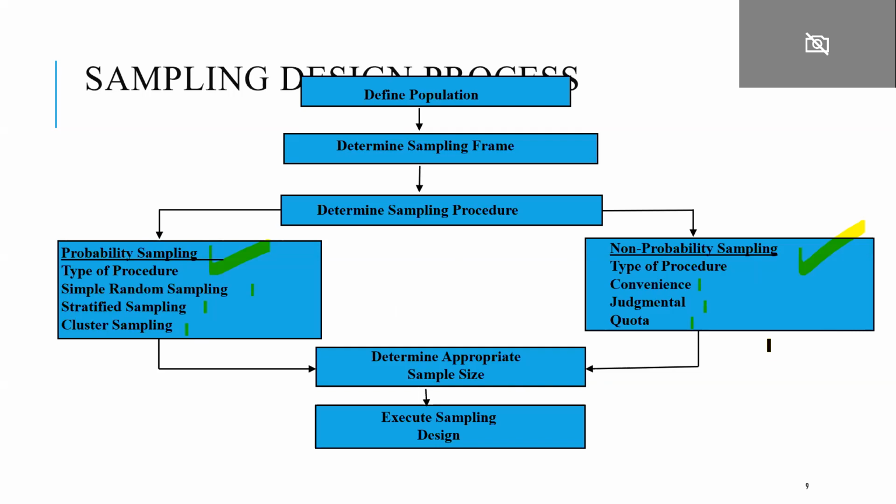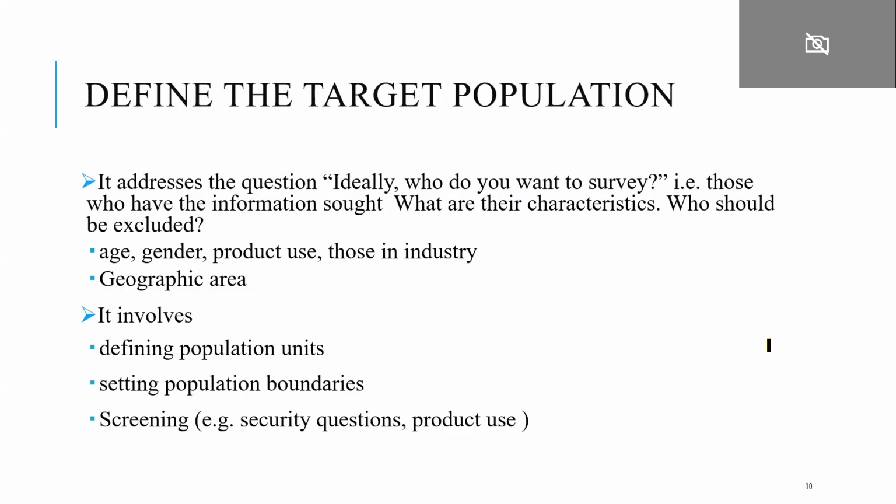There are other types of probability and non-probability sampling, but we will discuss them in the next video that I will make. This is the overall sample selection process. After that, you will determine the appropriate sample size, and then you will execute your sampling and sampling design.